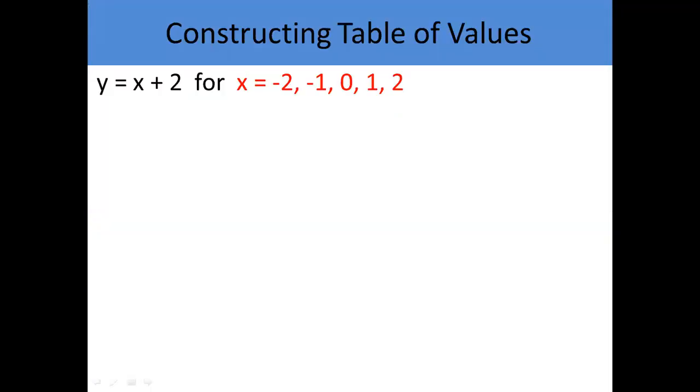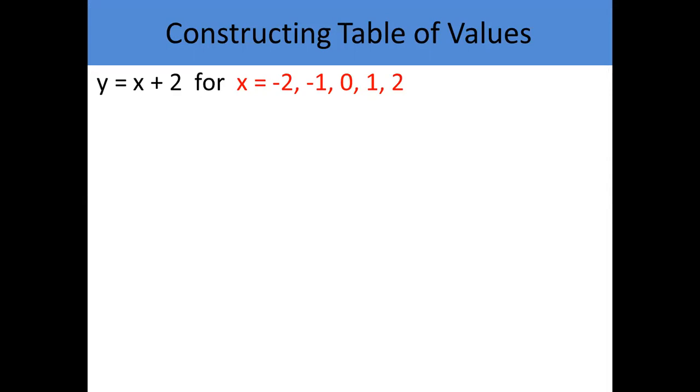Now we will go to some examples. If we are to graph, we need to construct a table of values. So what is a table of values? These are the values of our x with the paired y, the value of x with the corresponding value of y. That is what we call a table of values.